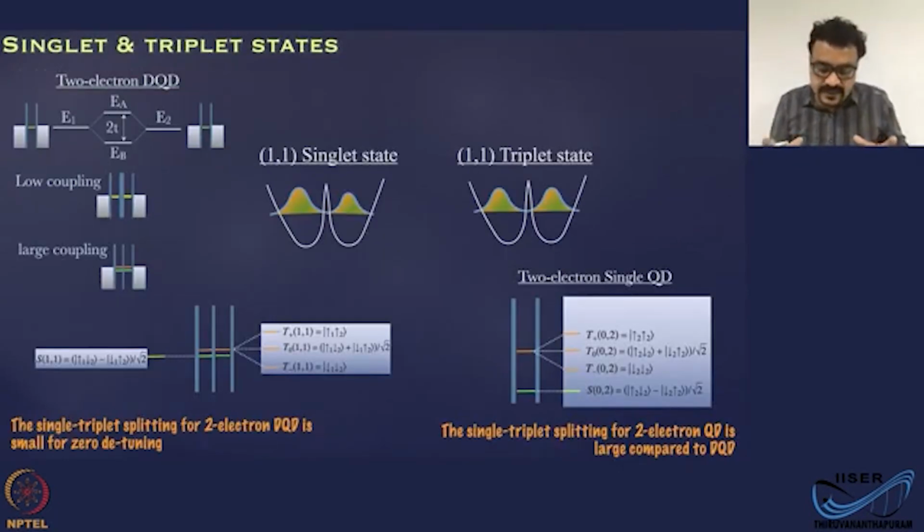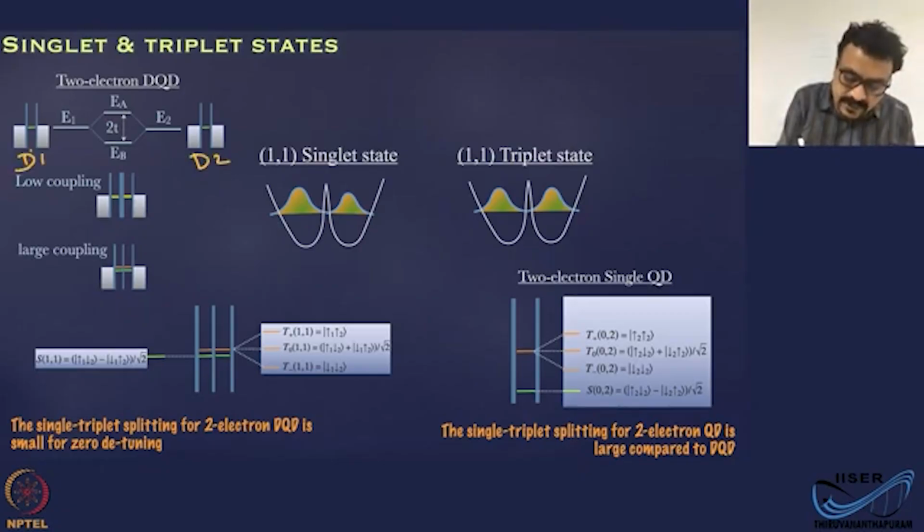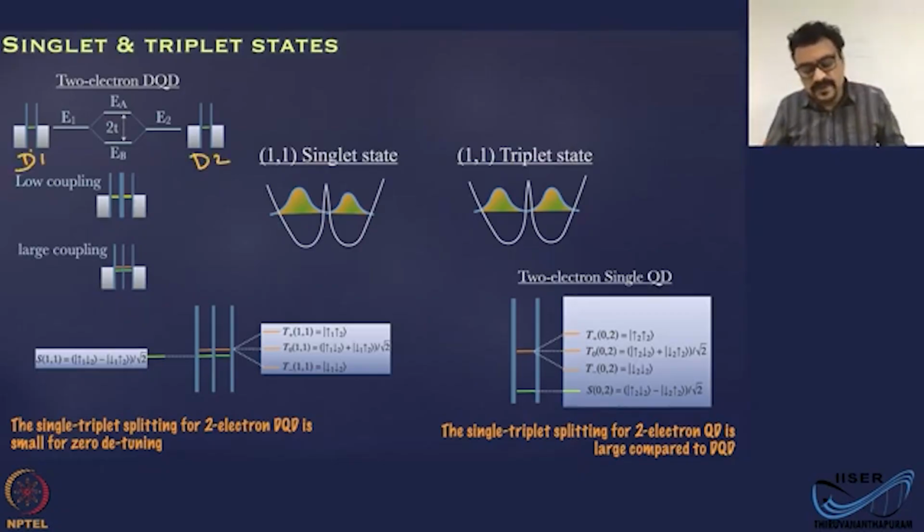Now, as I told, let's consider you have two dots, dot 1 and dot 2, and E1 and E2 are their isolated energy levels.